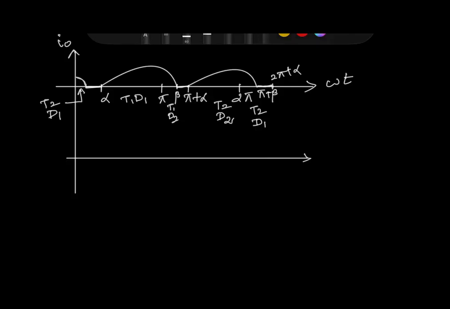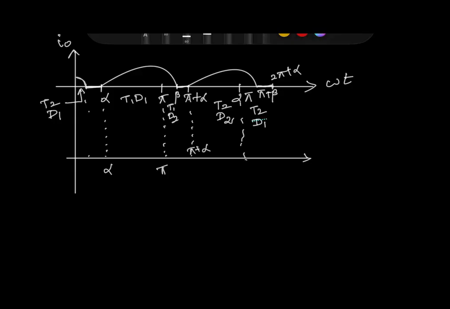Now we can draw the source current waveform. The source current will be equal to I0 from alpha to pi and is equal to minus I0 from pi plus alpha to 2 pi.